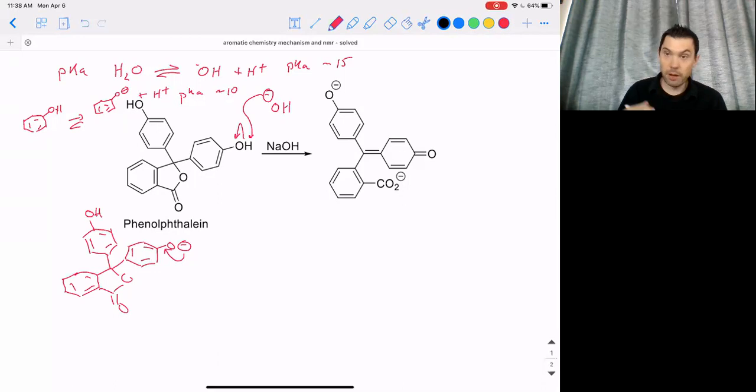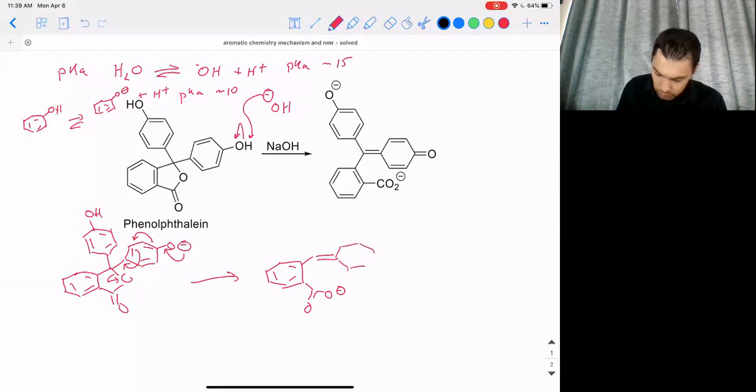And we can actually use that O minus to push off the ester containing oxygen way on the other side. And so we can use these electrons and then kick off that O minus group. So that would get us to something like this.